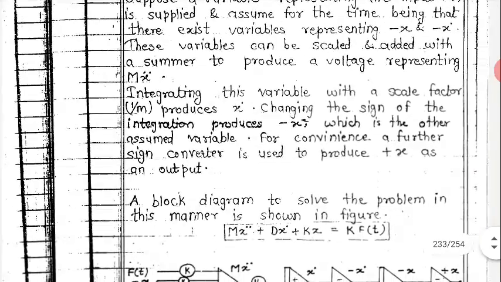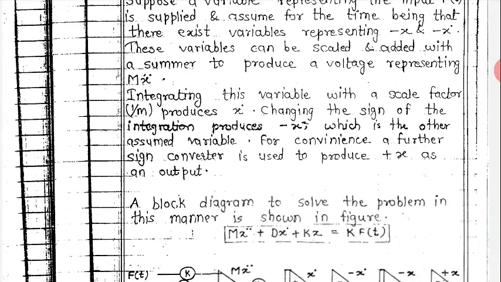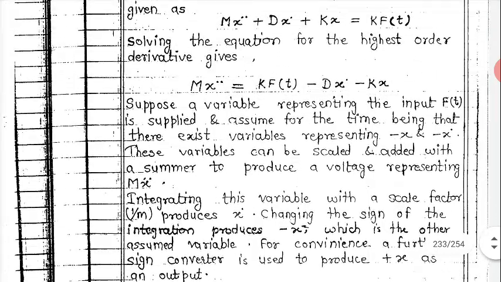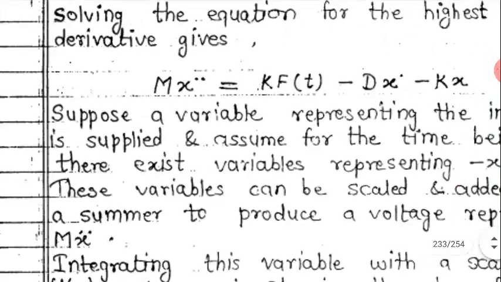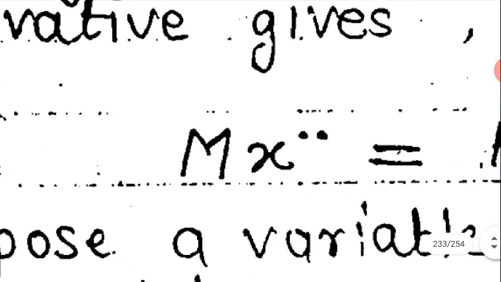So if we integrate this second order derivative twice, this integration with the scale factor 1 by m will produce x dot. Here we can see this integration, that is m x double dot.